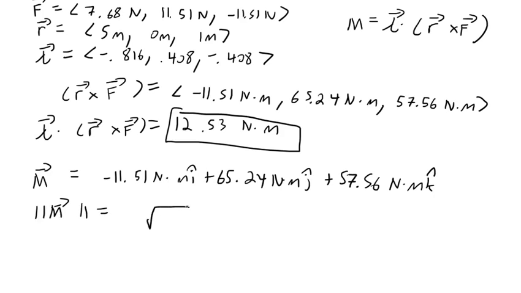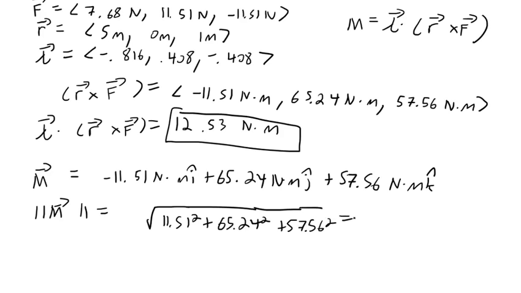Well, it's going to be the square root of 11.51 squared plus 65.24 squared plus 57.56 squared, and that comes to 87.76 Newton meters.